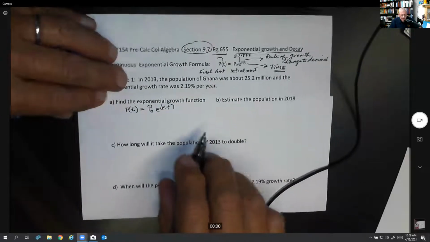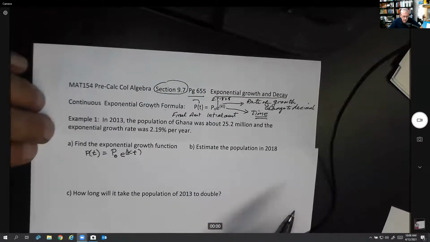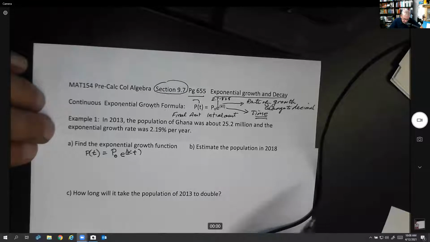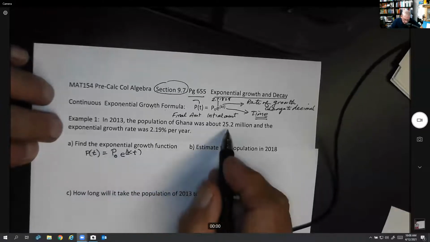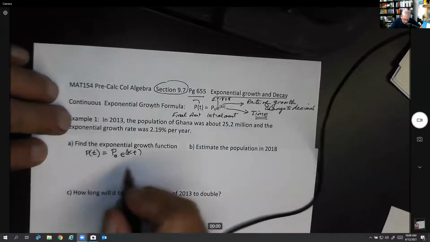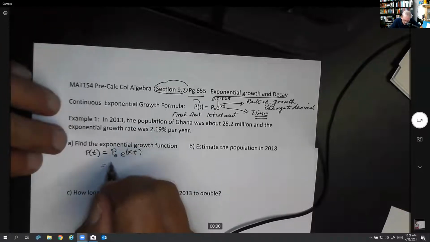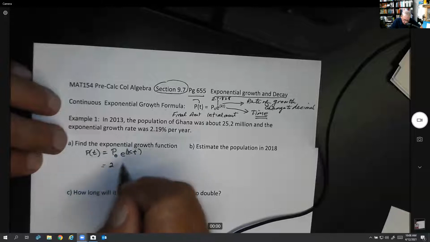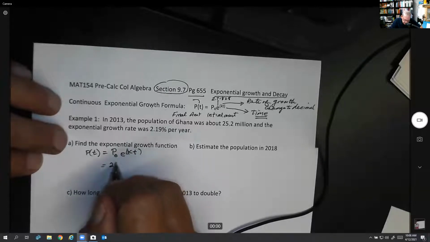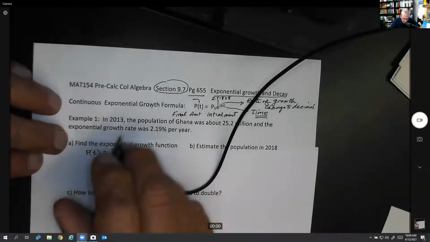I'm going to zoom in a little bit. Our exponential function on this particular one is going to be, the original population is 25.2. So we're going to replace that with P0. P0 means the original amount, O for original. 25.2, we won't write million.